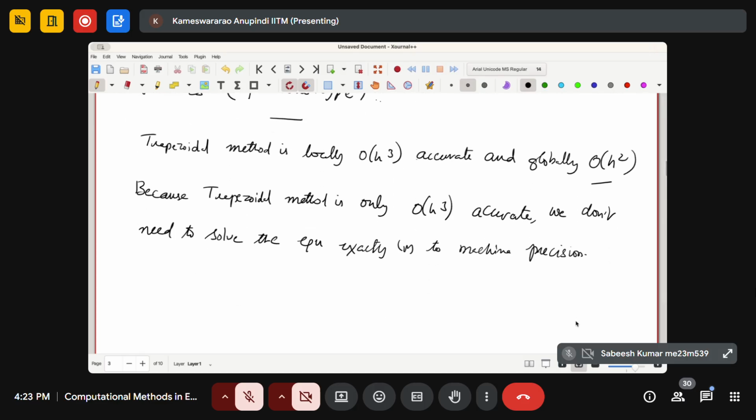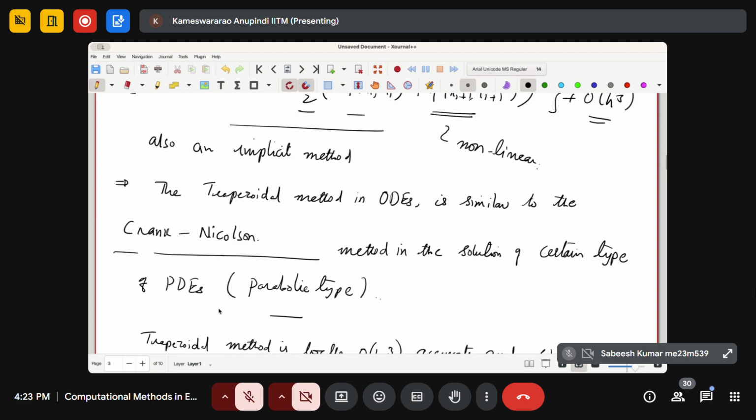We don't have to solve it exactly. Rather, if we are able to solve a linearized problem with the same order of accuracy, then we are good. We don't have to worry about the accuracy, and we will benefit from this procedure because now we have a linearized version of the problem instead of the nonlinear problem we have.